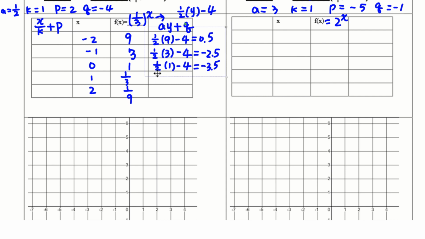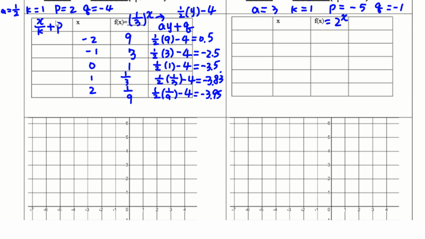Sub in 1/3 is 1/6, minus 4 gives you -3.83. Then for this one, 1/9, so 1/2 times 1/9 minus 4 gives you -3.95. So these are the new y points.